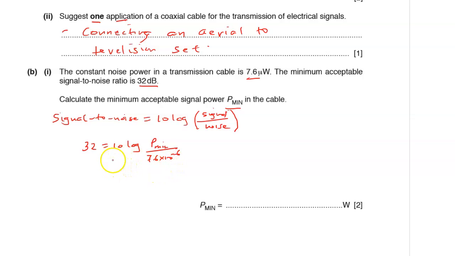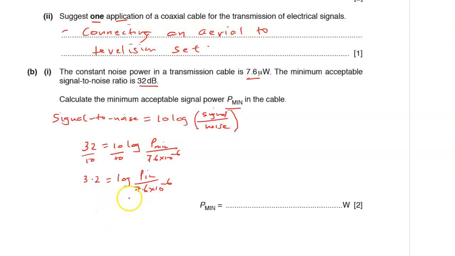So you can divide both sides by 10. When you divide both sides by 10, you get 3.2 is equal to log of P min over 7.6 times 10 raised to power minus 6.